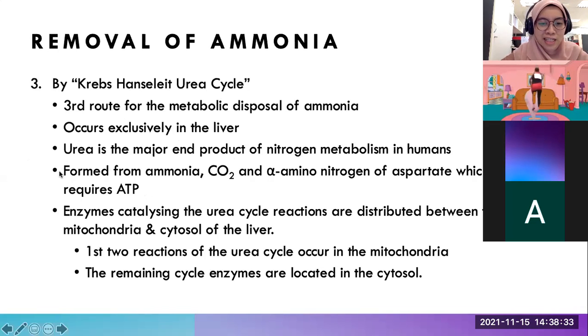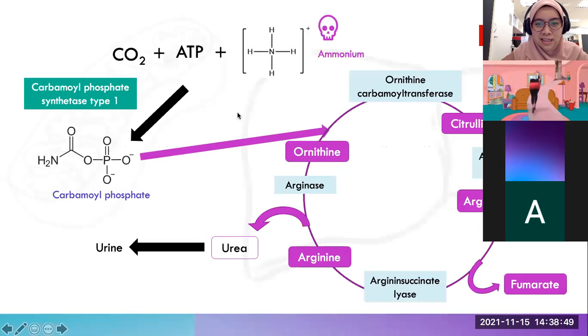The urea cycle can also form carbon dioxide and alpha amino nitrogen from the aspartate, and this process requires ATP. Let's look into this in the structure.